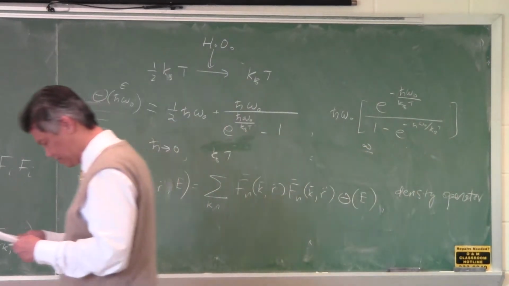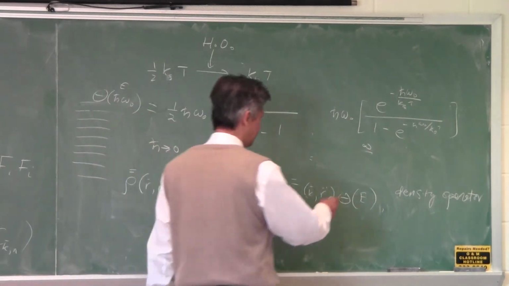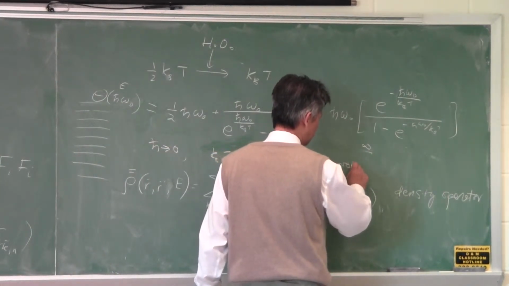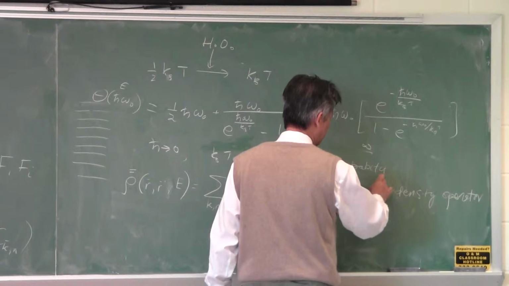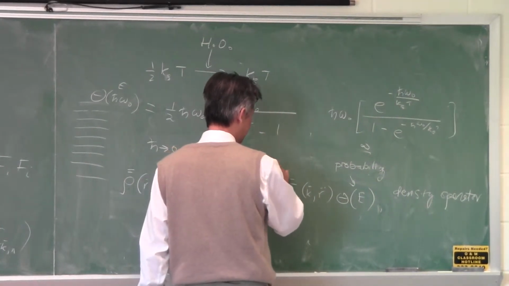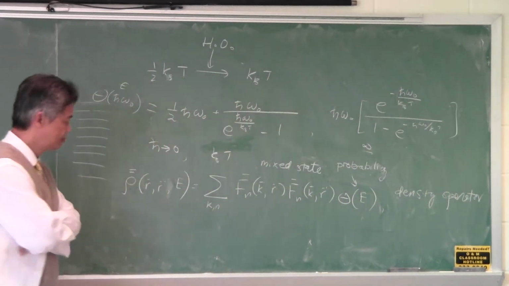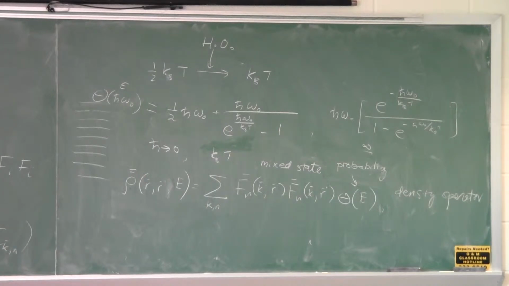So you can think of this as like the density operators for photons that are in thermal equilibrium. Think of this as a probability. So this is like what we call a mixed state, the density matrix for a mixed state where all the states are not coherent with respect to each other, and you only keep the diagonal elements of the state.